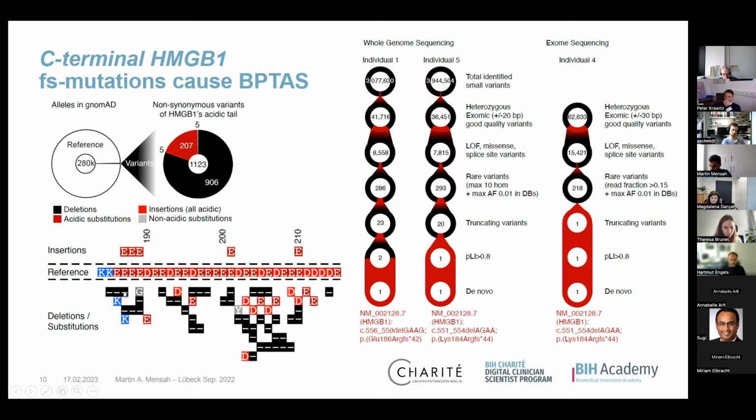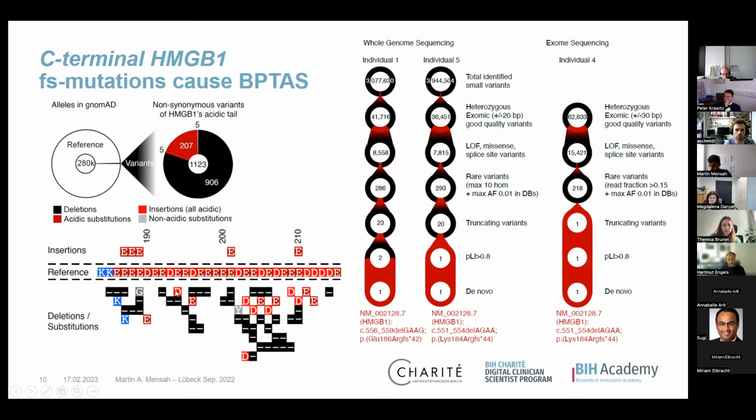Let's first have a look at the deletions. When there is a dash here, this means that the respective amino acid is just missing from the tail. What you see is that these 906 variants are distributed among these alleles highlighted here in black. They would shorten the C-terminus, but they again would not change the acidic nature of this C-terminal tail.